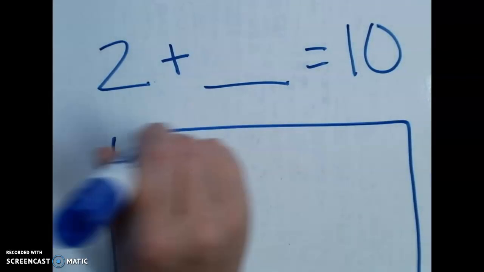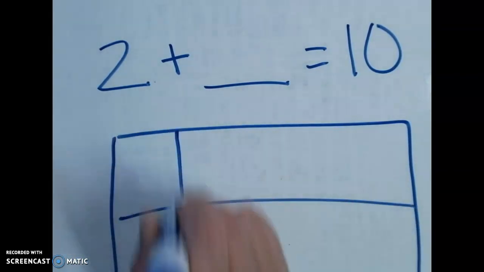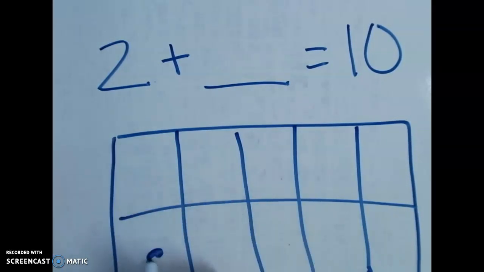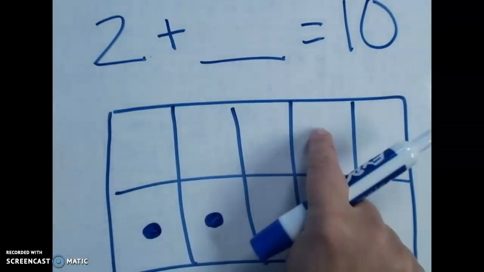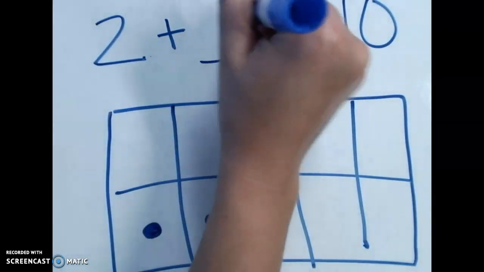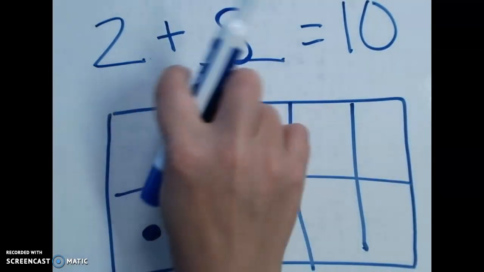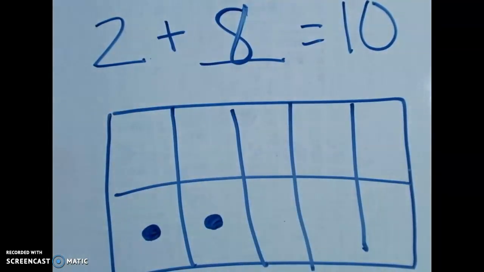If I look at my tens frame, 1, 2, 3, 4. I already have 2. Trying to figure out what goes in the space. So then I have 1, 2, 3, 4, 5, 6, 7, 8. But if you know your friends of 10, you would have known 2 plus 8 equals 10.